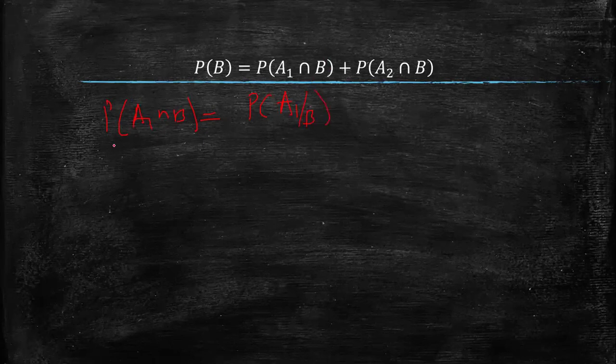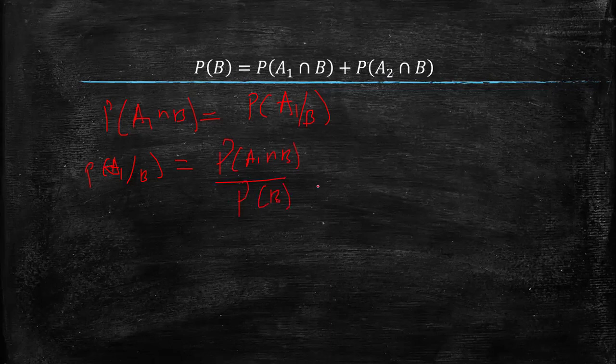But then we realize that if we expand A1 given B, this is only going to give us probability of A1 intersection B divided by probability of B, which probability of B does not exist in the original equation, which is A1 intersection B. So what do we do to remove the B?